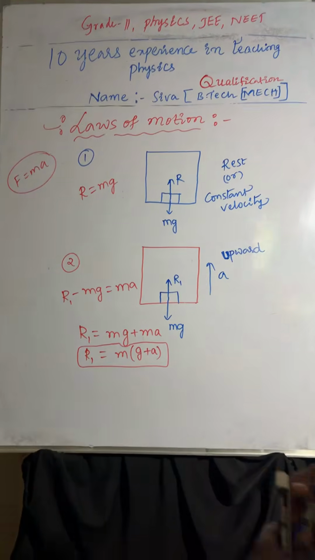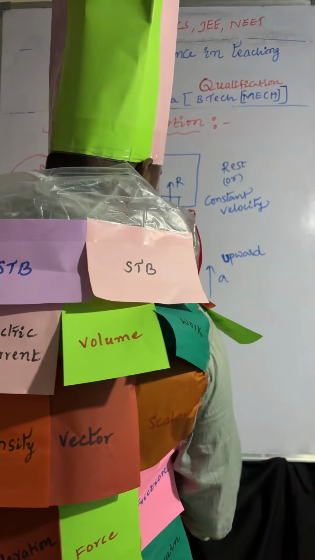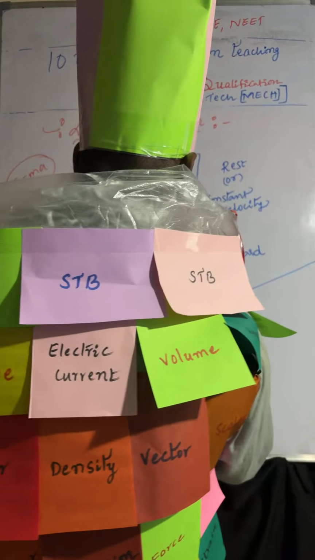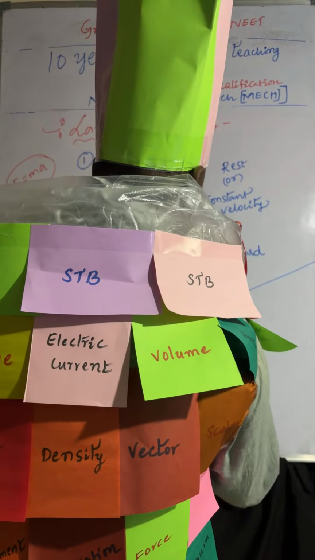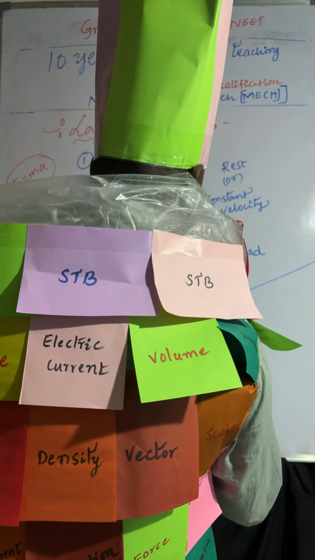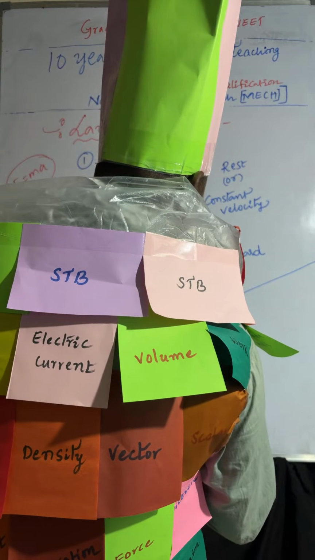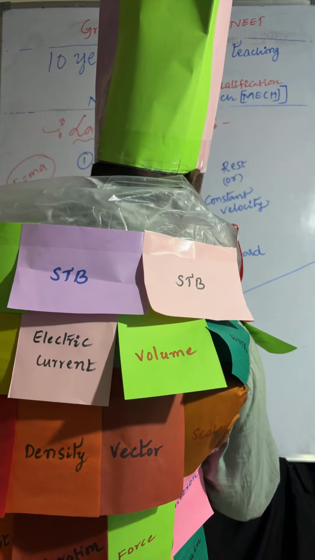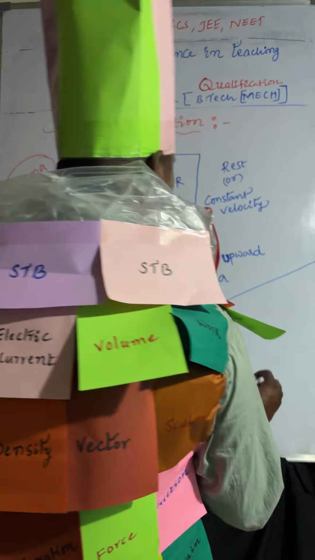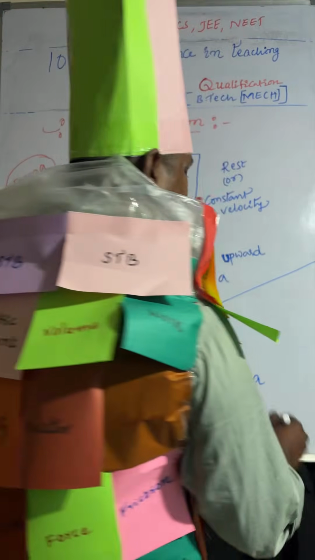Third case, case number 3: if the lift is moving in the downward direction. Here weight is acting downward, and the normal reaction will be R2. The lift is in downward motion.